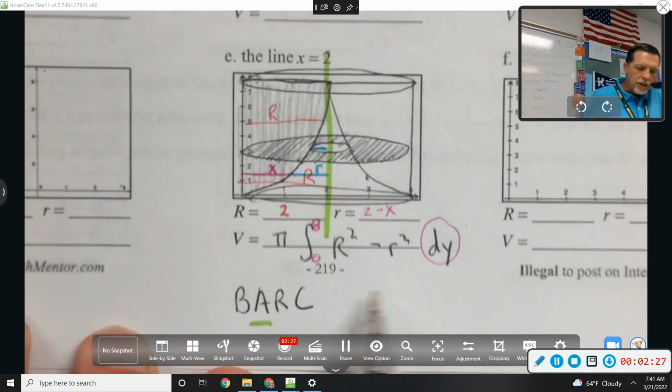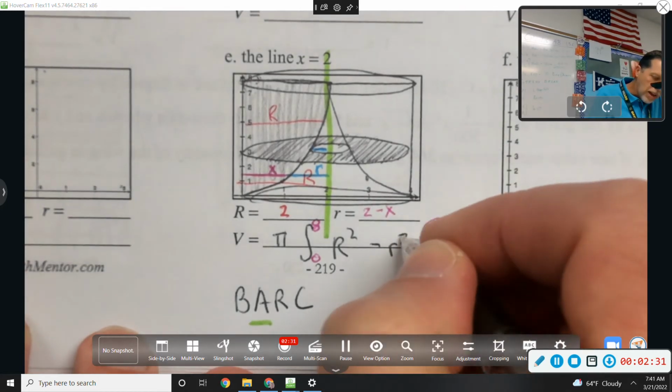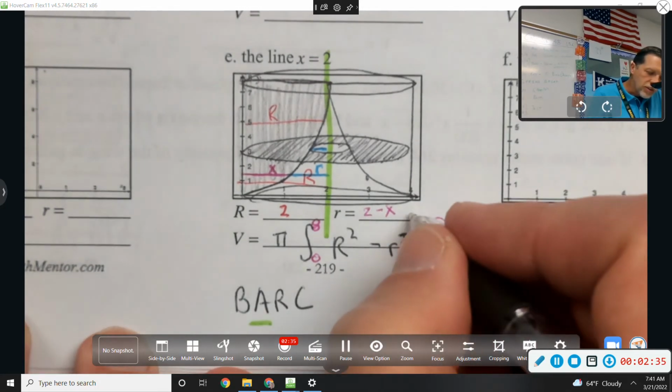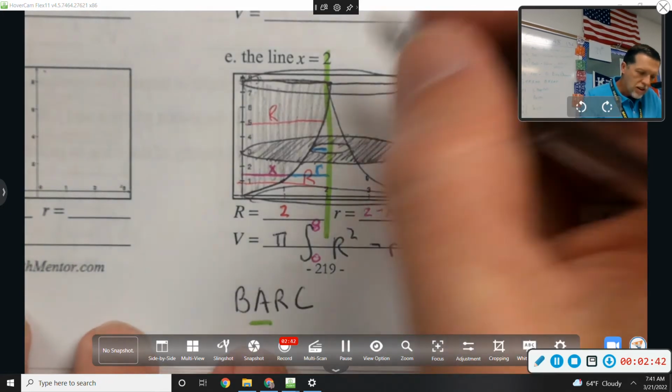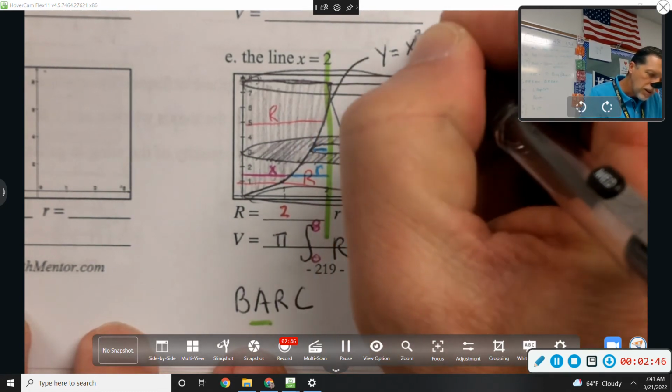And that also means my r's need to be in terms of y. So big R is 2, that's fine. Little r is 2 minus x. That's not okay yet. It's not wrong, but it's not in the right format just yet. So this curve was y equals x cubed.